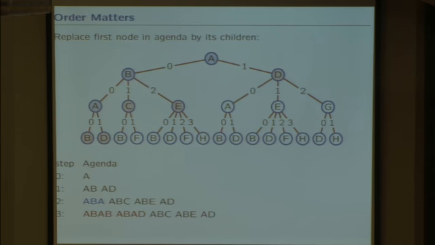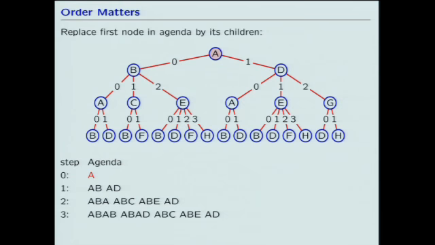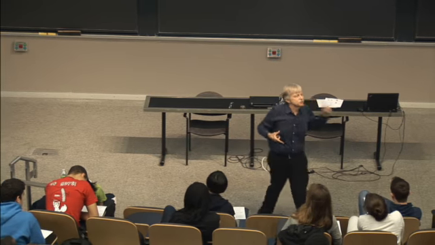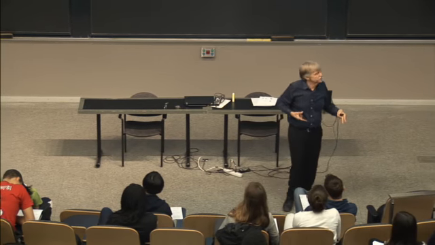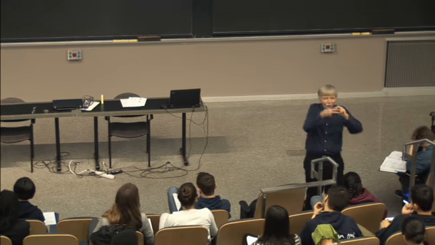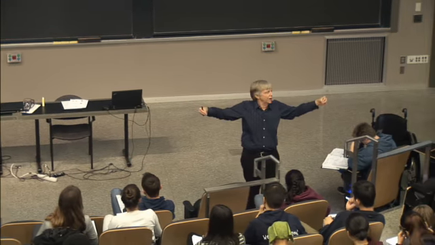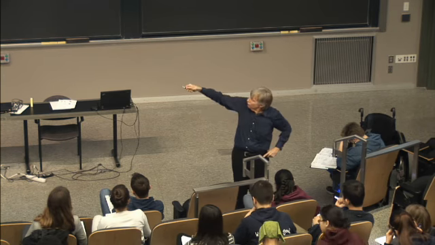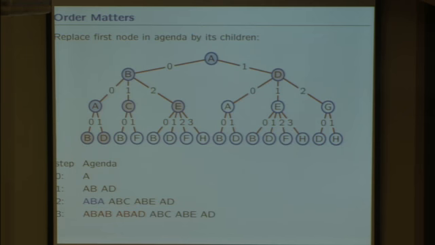OK? So notice the structure of what's going on. Ignore the stuff in the bottom and just watch the picture on the top. I start by putting A in the agenda, then its children, then its children, then its children. So when I implement the algorithm, take out the first and replace it by its children, I'm searching depth first. I'm going deeper and deeper into the tree without fully exploring all the horizontal spaces. So I'm tracing a line down that way.